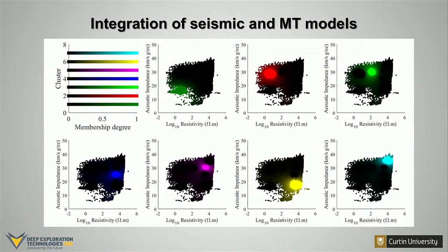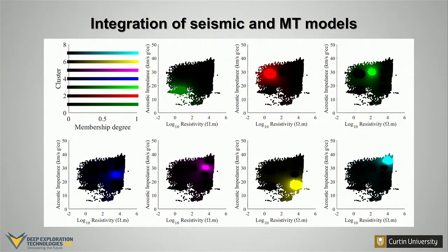The next is how we include seismic and MT together. Here we take the resistivity and acoustic impedance from the borehole. We cross plot here, and we use fuzzy clustering to calculate the membership degree from 0 to 1.